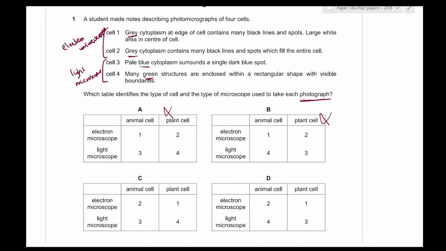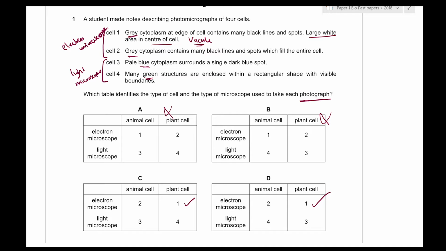Gray cytoplasm at the edge of cell contains many black lines and spots, large white area in the center. So this large white area is actually a vacuole. Therefore, this means that cell 1 is a plant cell and it's taken using an electron microscope. Therefore, this is correct. Now, for cell 2, gray cytoplasm contains many black lines and spots which fill the entire cell.